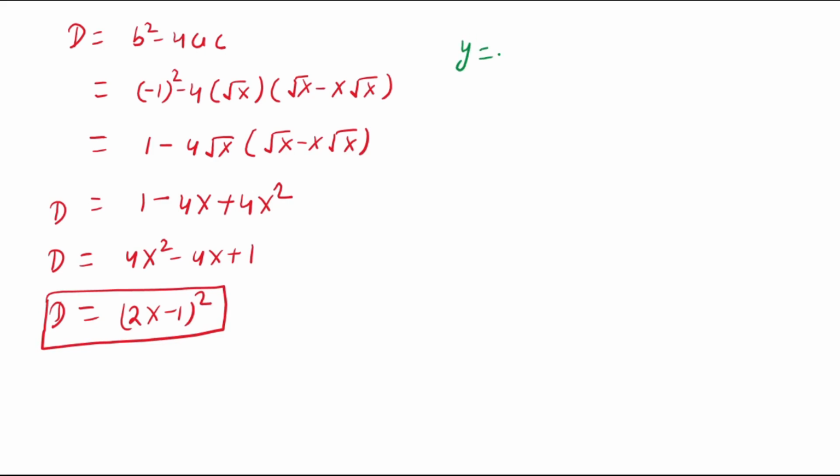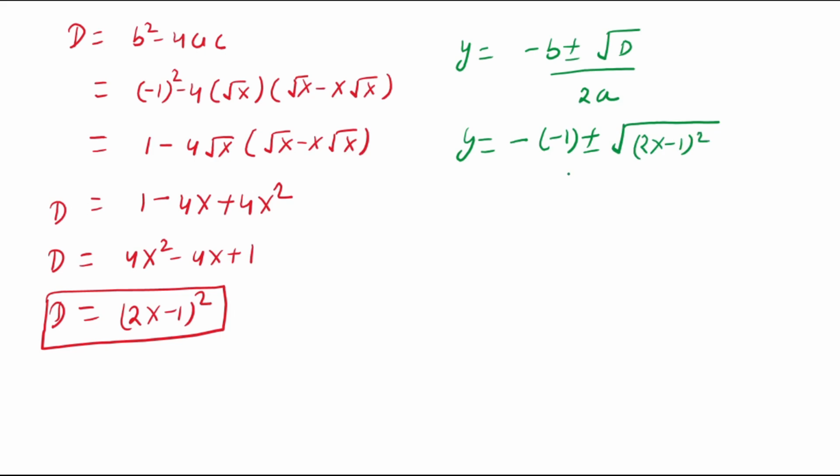The quadratic formula is y equals minus b plus minus square root of D over 2a. Then y equals minus b, replaced by -1, plus minus square root of D, where D is 2 times x minus 1 whole squared, divided by 2 times a, where a is square root of x. Then y equals negative times -1, so we get 1 plus minus, the square is cancelled out by the square root, then 2 times x minus 1 over 2 times square root of x.